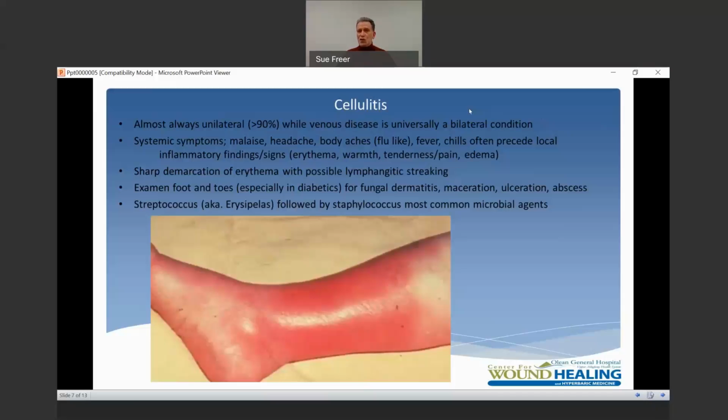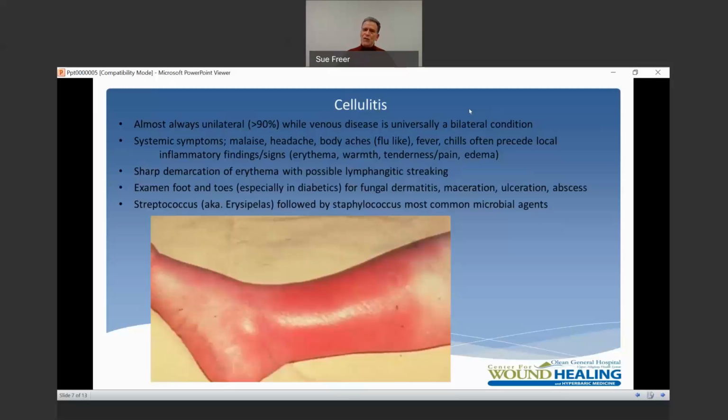There's oftentimes a sharp demarcation of the edema. Usually we see this with a condition called erysipelas, which is very typical of streptococcal cellulitis. 50% of cellulitis will be from streptococcal disease, with another 25% or so due to Staphylococcus. Those are the most common microbial agents.